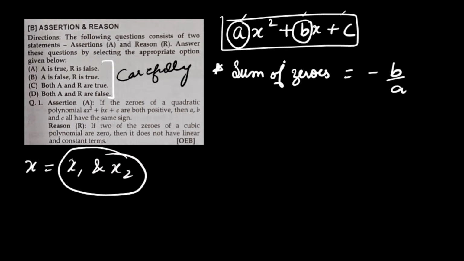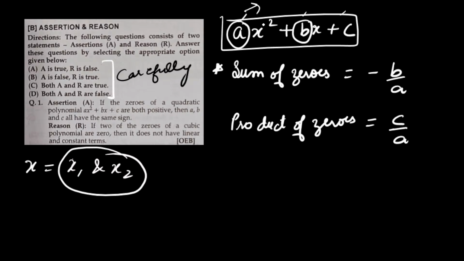Coefficient means the number written along with it. Then the product of zeros, because some of the MCQs you will be able to do directly with this, since you have one full chapter on quadratic equations. So make a note: the sum of the zeros is minus b by a and the product of the zeros is c by a. c is the constant term. This is the quadratic term, this is the linear term, this is the constant term. Remember this.